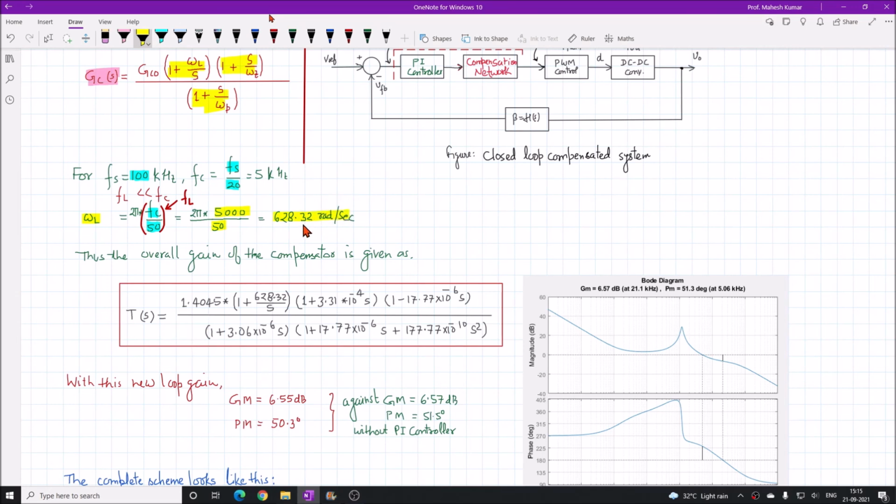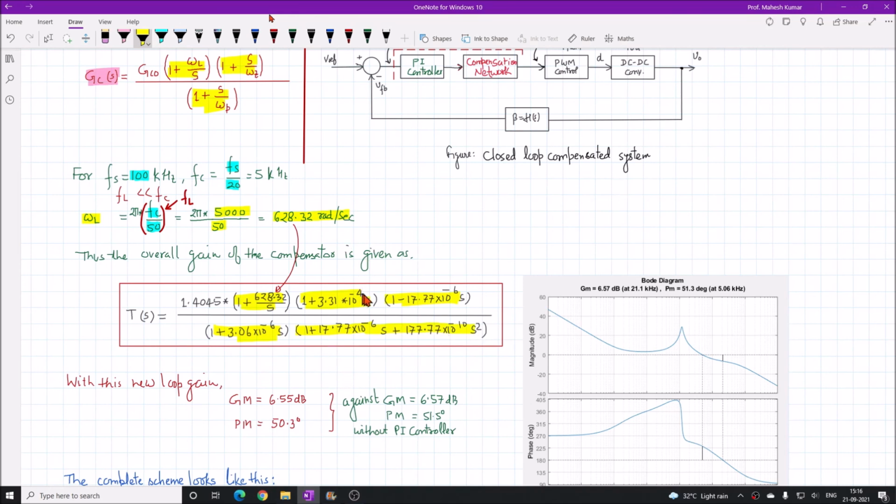With this value of omega, the overall transfer function is seen as 1.4045 into this factor for the PI controller, into the factor for the lead compensator, this and this, and then into the factor for the plant, the DC to DC converter.